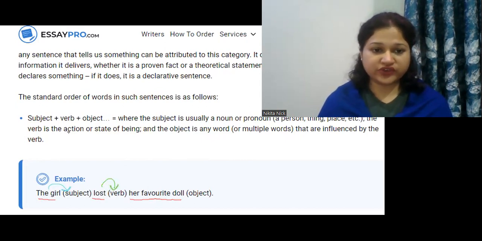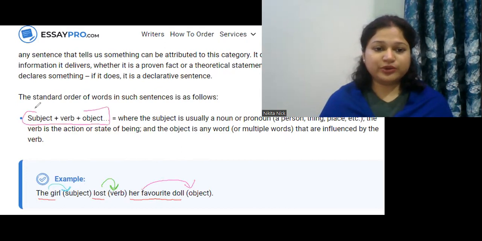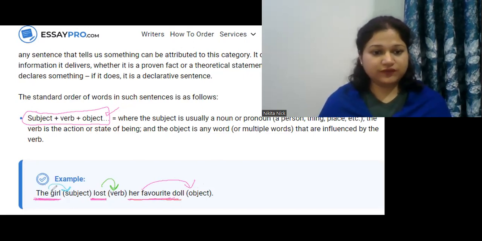What is the object? Here, the object is her favorite doll. So you are using this order, subject plus verb plus object, for your declarative sentence. The subject is in the first place, the girl, and the verb is lost, and her favorite doll is the object. This forms a declarative sentence. The girl lost her favorite doll.